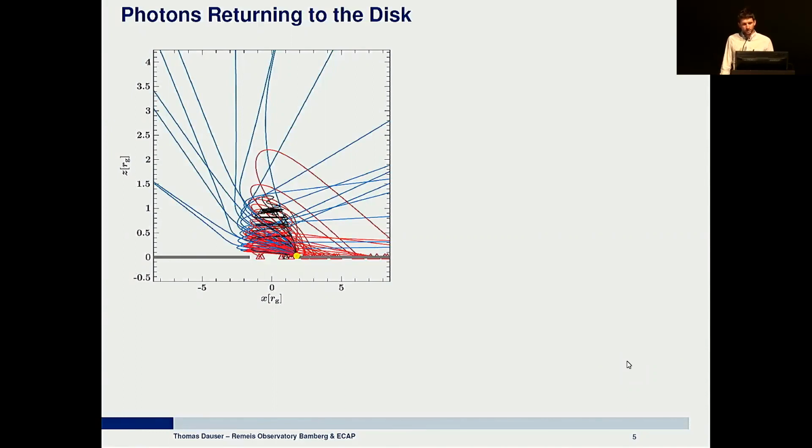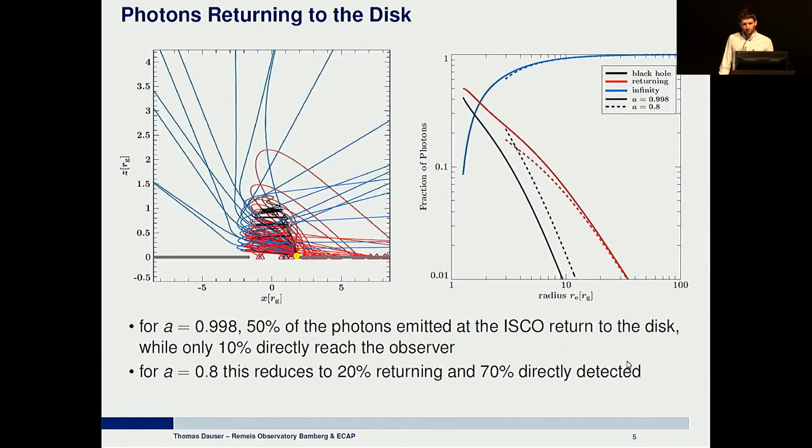You can summarize this better in the plot, showing the fraction of where the photons will end up depending on the radius. On the red curve you can see that at the ISCO, almost 50% of the photons for a rapidly rotating black hole will actually return to the disk. Most of the other photons will fall into the black hole, and less than 10% will be directly observed.